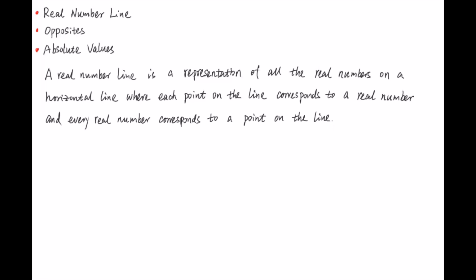Now, let's draw a number line. The real number line extends infinitely on both sides, so usually we have arrows on both sides of the line. And the point on the line labeled 0 is called the origin.